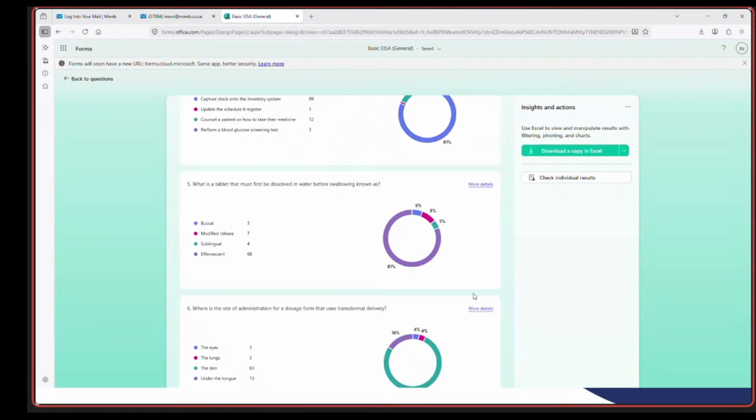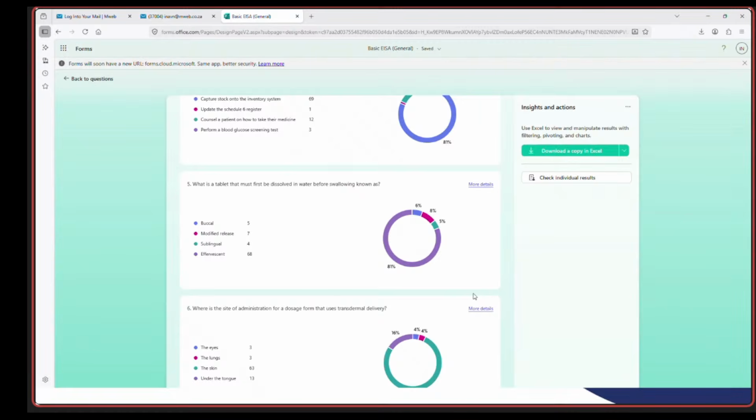Sublingual is something that you place under the tongue. And then the correct one is effervescent. If you look at products in the pharmacy, you can look at flu medicine that you can put in water that's dissolved, and also some of the vitamins that dissolve before swallowing. So the correct answer there is effervescent.